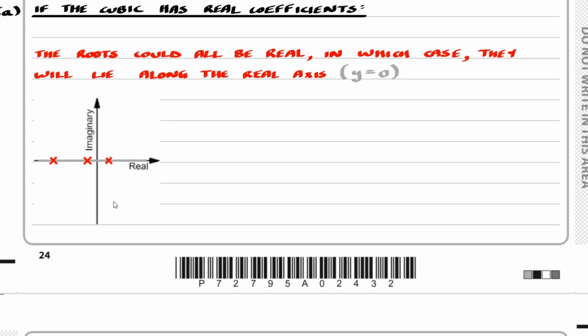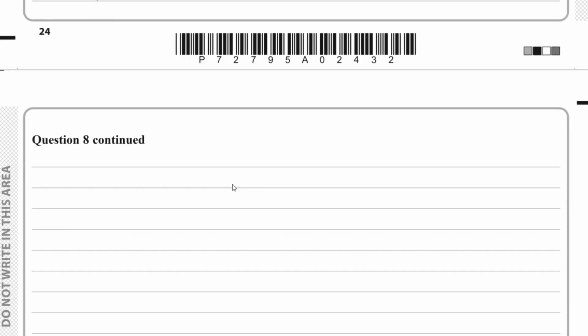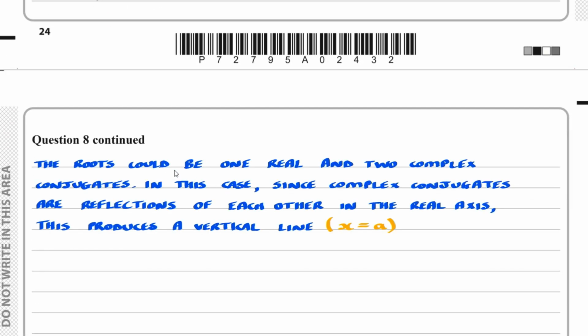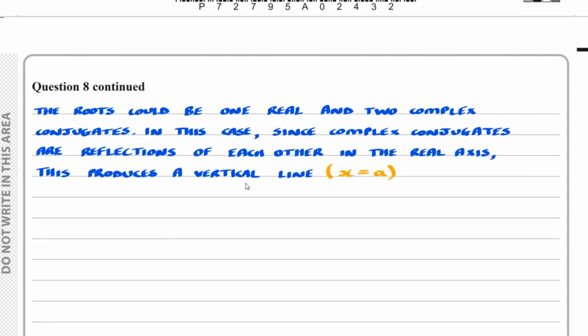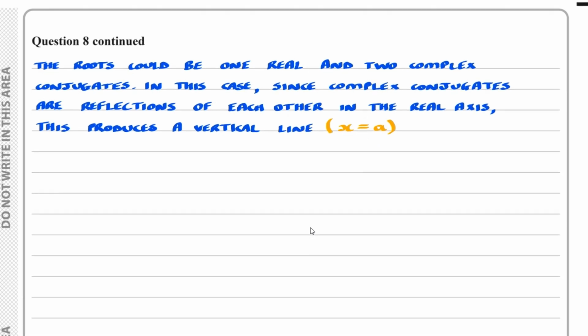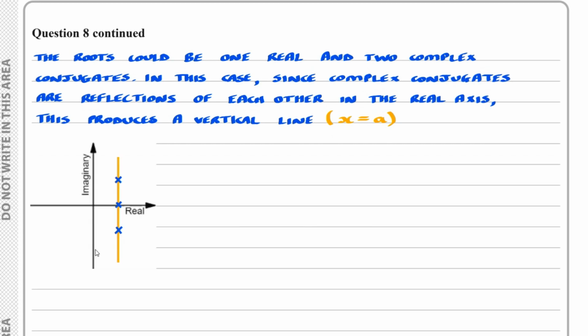The other situation we could have when we've got real coefficients is we could have one real and 2 complex conjugates. In this case, since complex conjugates are reflections of each other in the line y equals 0 or the real axis, we've got a vertical line. And that vertical line has equation x equals a. So what we're saying over here is we've got one of the roots, which is real, that lies on the real axis.